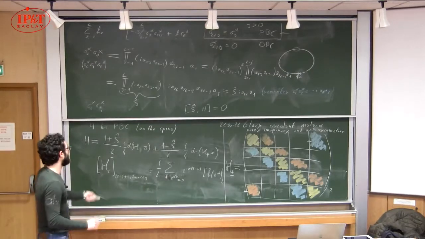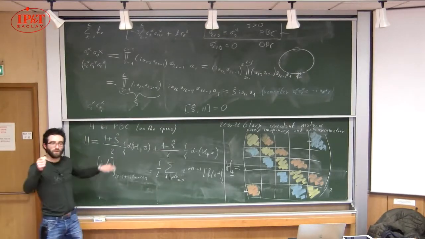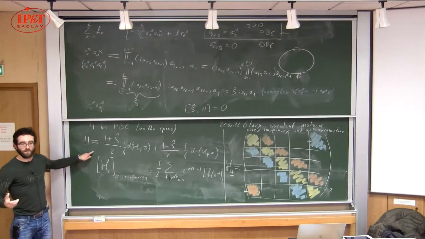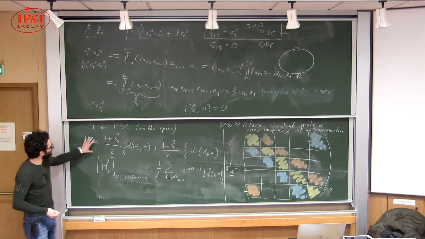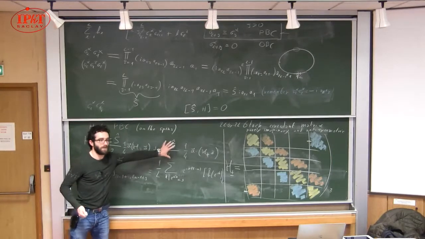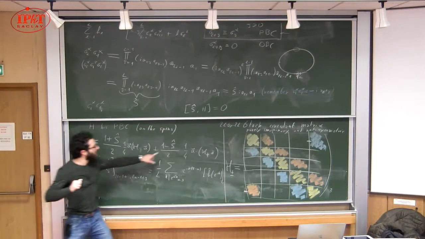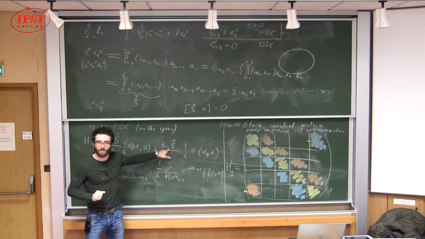So in other words, if you impose periodic boundary conditions on the spins, when you express them in terms of the Majorana fermions, you have a Hamiltonian which is split in two different sectors: one sector where this operator S has eigenvalue 1, and one sector where this operator has eigenvalue minus 1.